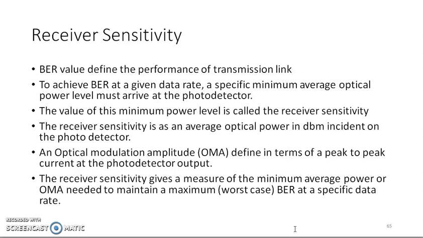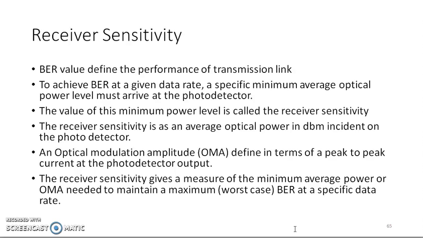Next, for a given receiver, we need to identify the sensitivity, or for a system, the performance value is to be obtained based on the bit error rate value. For a given transmission link we need a BER value, as we said in the earlier example, 10 raised to the power minus 9 is the BER value used for the transmission link, and BER tells what the noise variation or noise present in the system is.